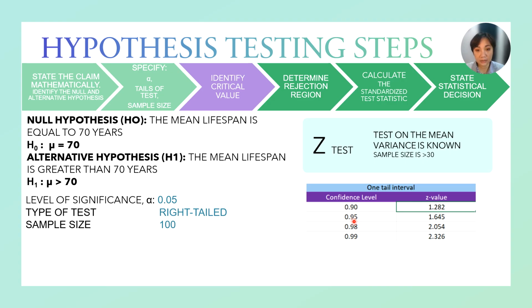So it's right over here. That's 0.95 because again, I use confidence level interchangeably with level of significance. They are complements. So if the level of significance is 5%, the confidence level is 95%. Anyway, so it's 0.95 and that means my critical value is 1.645.